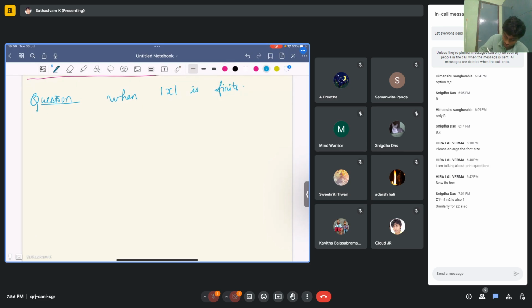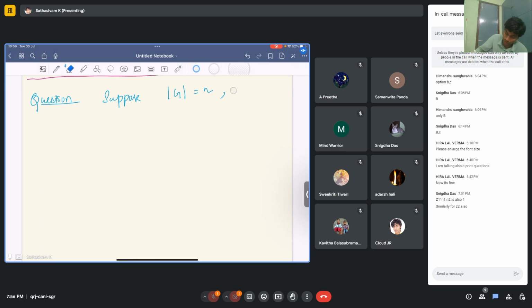Suppose you have a finite group. I'll change the question here. Suppose the order of G is n. What is the order of G? It's the number of elements of G. The order of a group is basically the number of elements in the group.